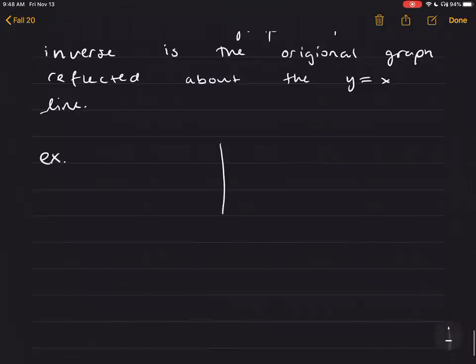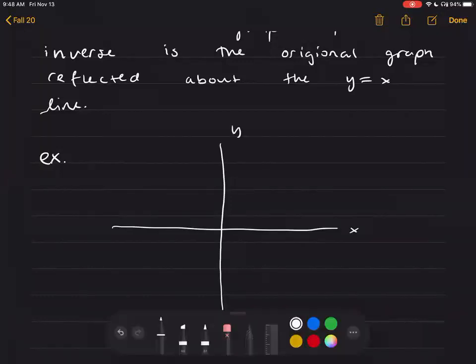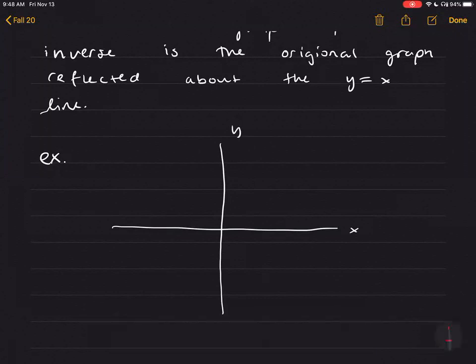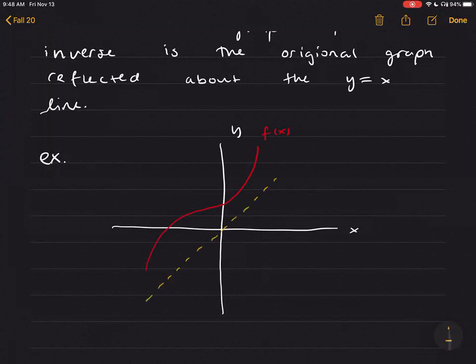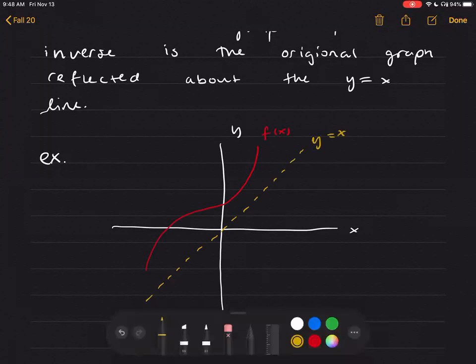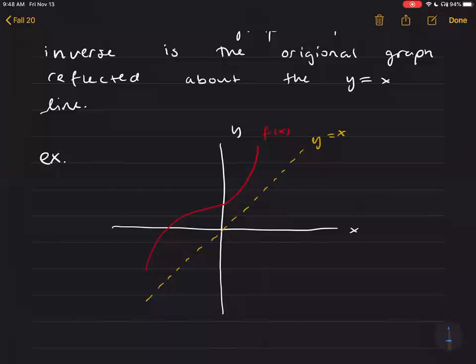So if we've got our coordinate grid, and let's say we've got a function that maybe looks like this. So let's say this is f of x. And the y equals x line is this diagonal line right here. Now, if you imagine that the yellow dotted line that I just drew is like a mirror, what you're going to do is flip f along the line.